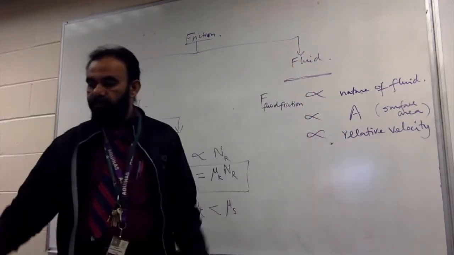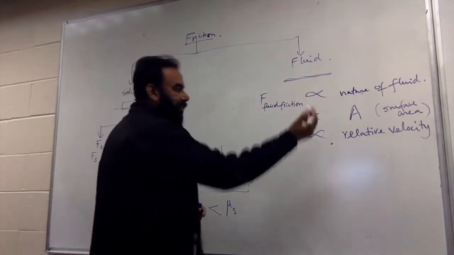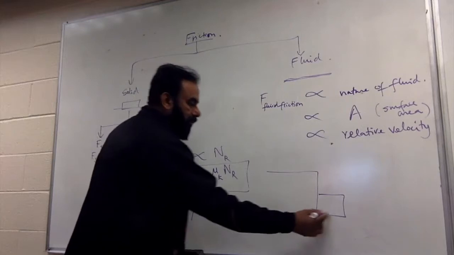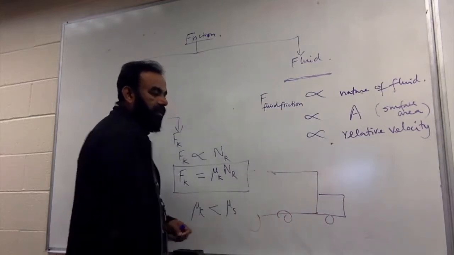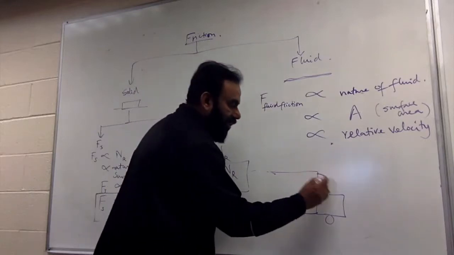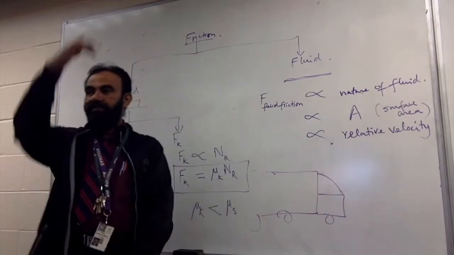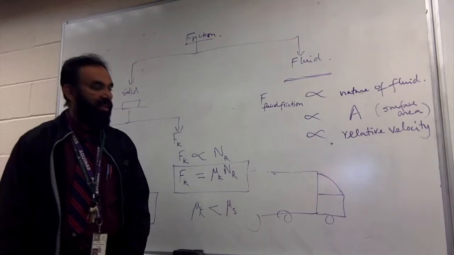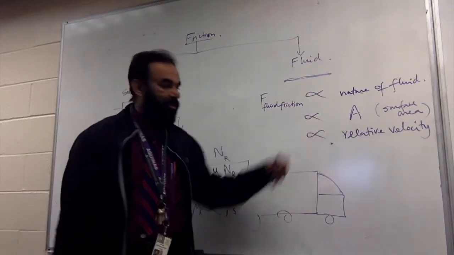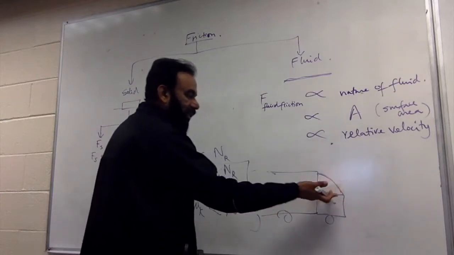So, fluid friction. Take a truck and the driver's compartment. They have something here like a dome. Why they have that dome is to reduce the surface area that the air hits, because what if air is coming and blocking it like that and climbing over?